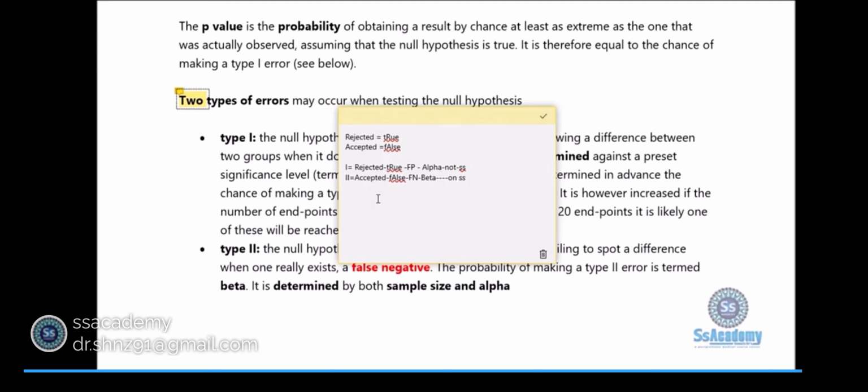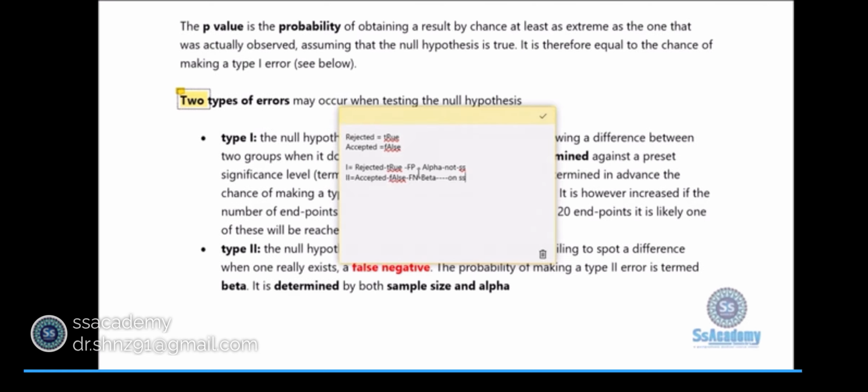So once again, type 1: rejected, true, false positive, alpha, not sample size. Accepted, false. Once again, type 2: false negative, beta, dependent on sample size.